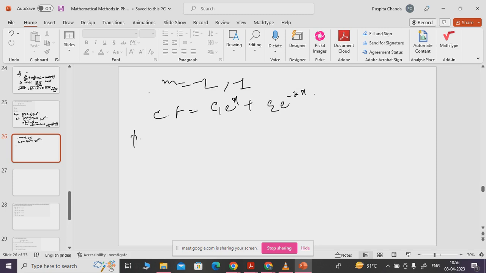For the particular solution, we need to assume a yp.